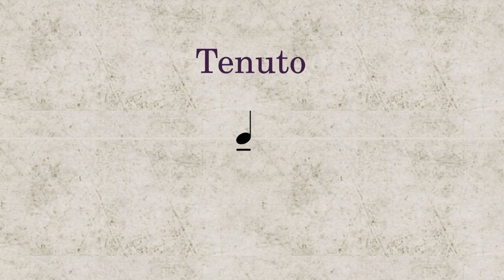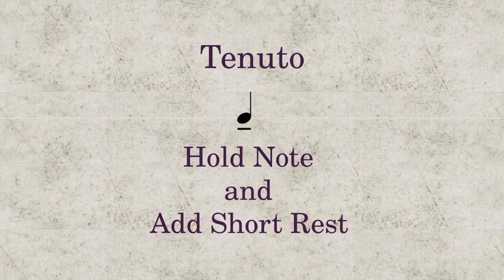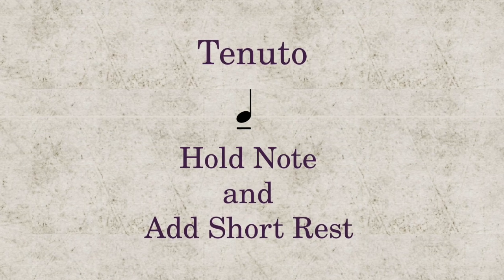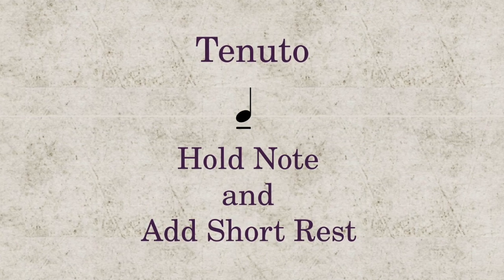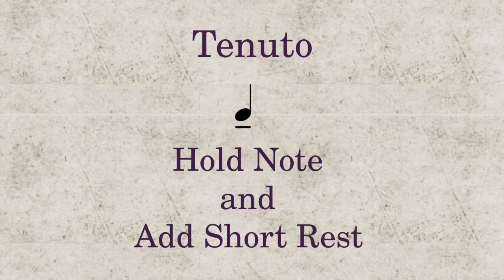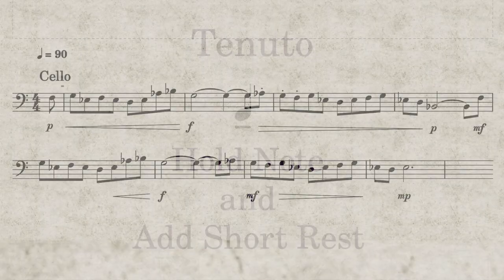A short line over or under the note head is called tenuto. That translates as hold, and the symbol indicates to hold the note and then leave a short rest just before the beginning of the next one. Let's look at an example for cello that uses dynamics and articulations.